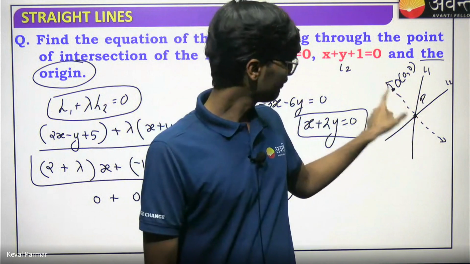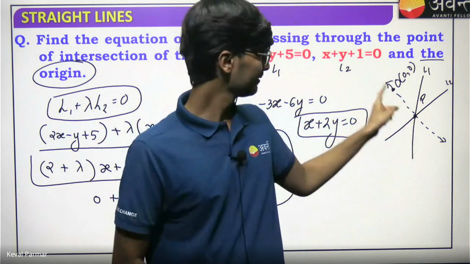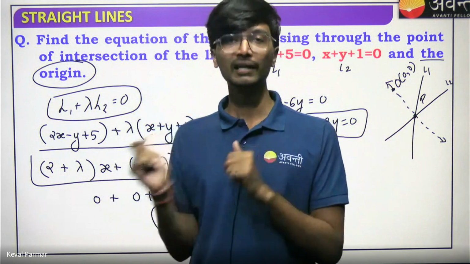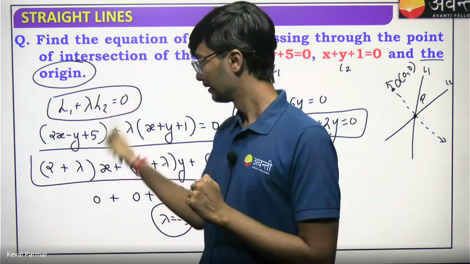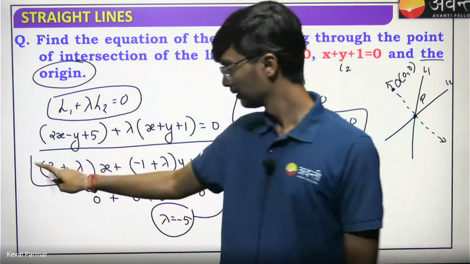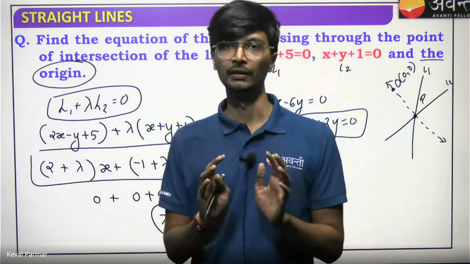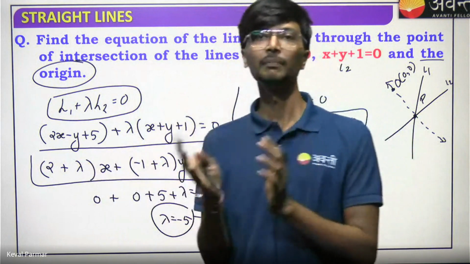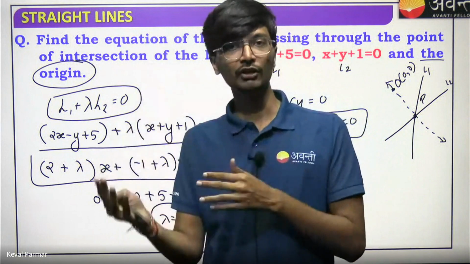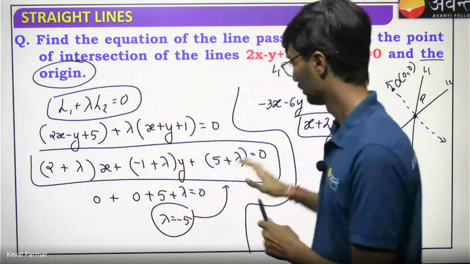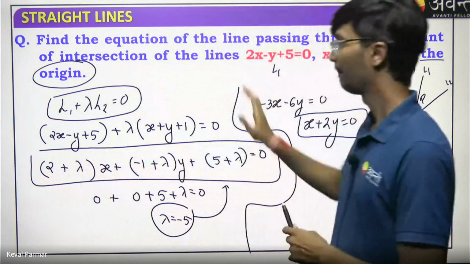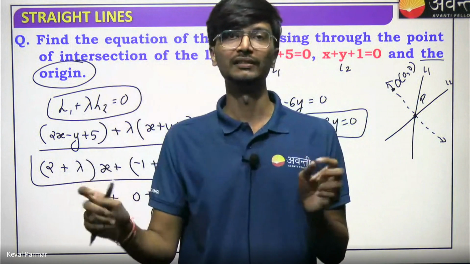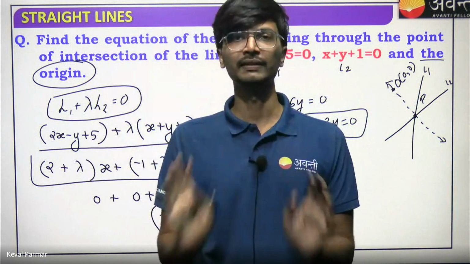Now, I have the same case here. See, this line is passing through point P. So I need to find that equation. How can I find that equation? By this. Now see this equation, this boxed one. This is the equation of the line. But we don't know the value of lambda because it's a real number, right? So to find the value of lambda, they have given that the required line passes through the origin. And as we know, if a line passes through the origin, then the origin must satisfy the equation of the line.